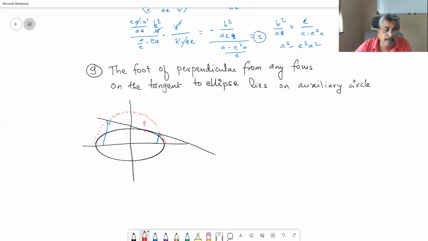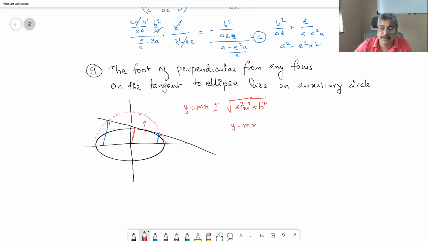Y is equal to mx plus minus under root a square m square plus b square. This is our equation of tangent.